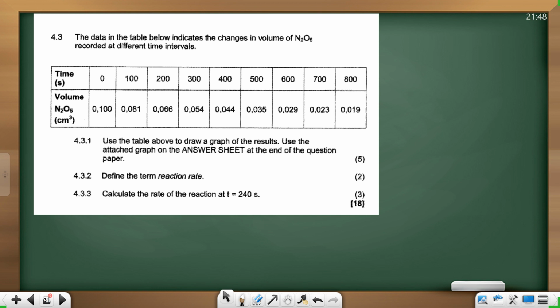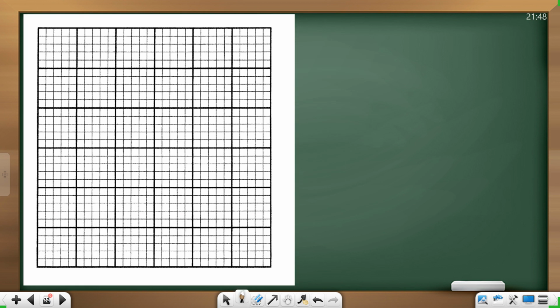Please, volume is not a factor that affects rate of reaction.